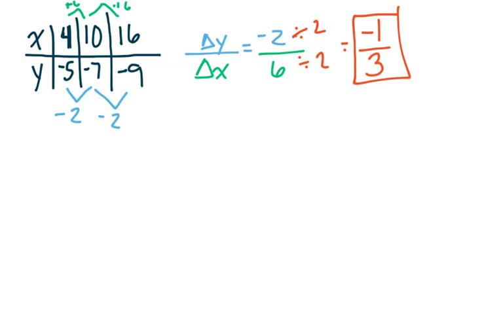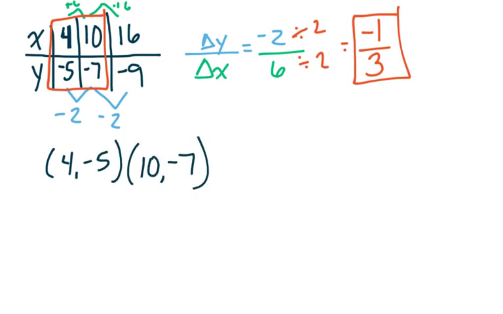Remember, you can also do it this way if I chose these first 2 points here. Remember, it reads top to bottom, so I would have 4, comma, negative 5 and 10, comma, negative 7. X and x, y and y.